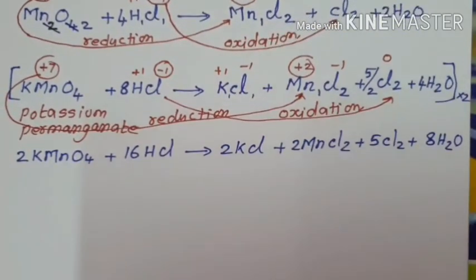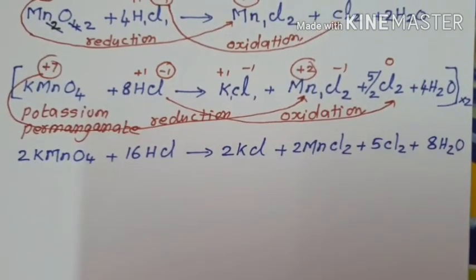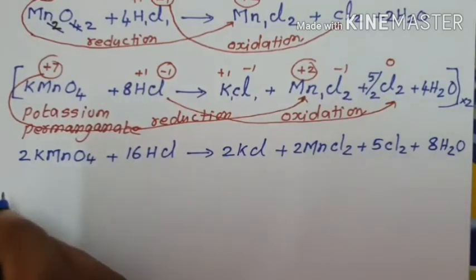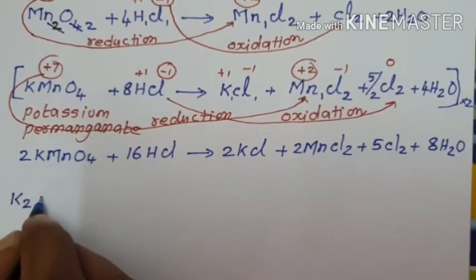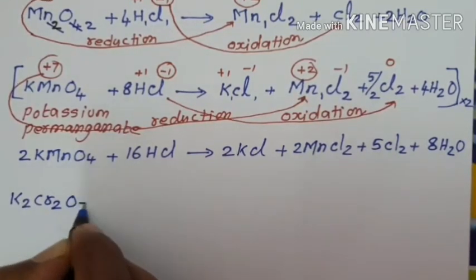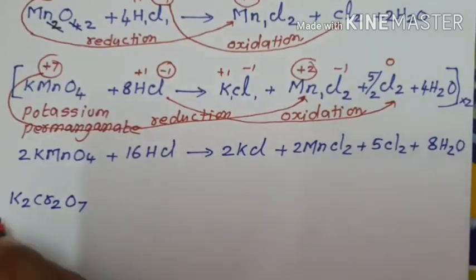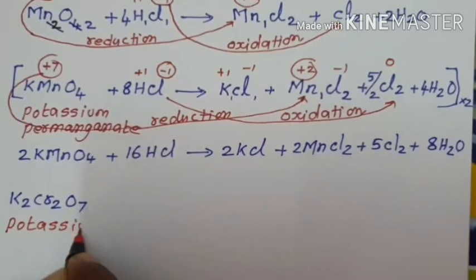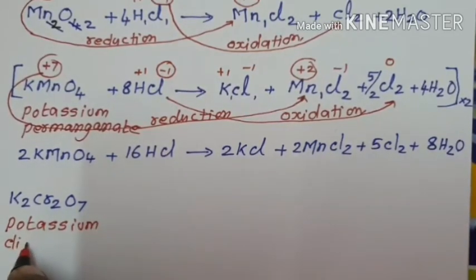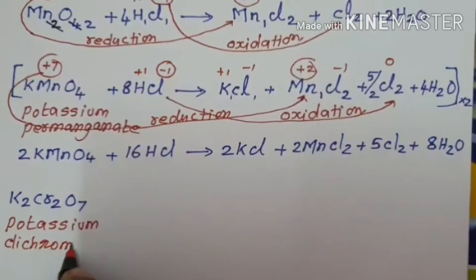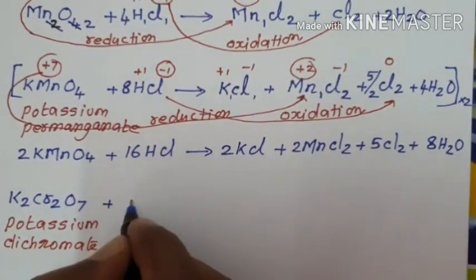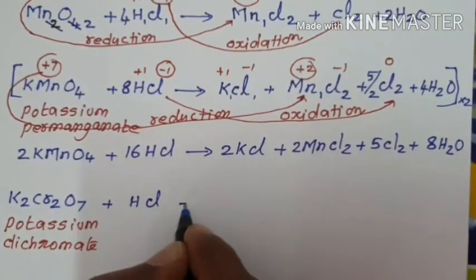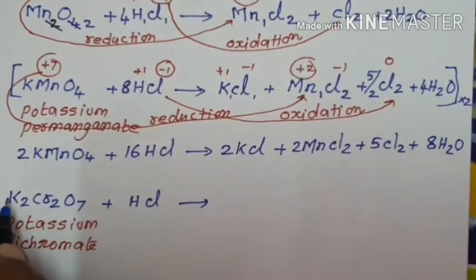And one more reaction, in which, instead of potassium permanganate, we use potassium dichromate, K2Cr2O7. The name of this compound is potassium dichromate. When treated with hydrochloric acid HCl, what are the metals we have? Potassium and chromium.